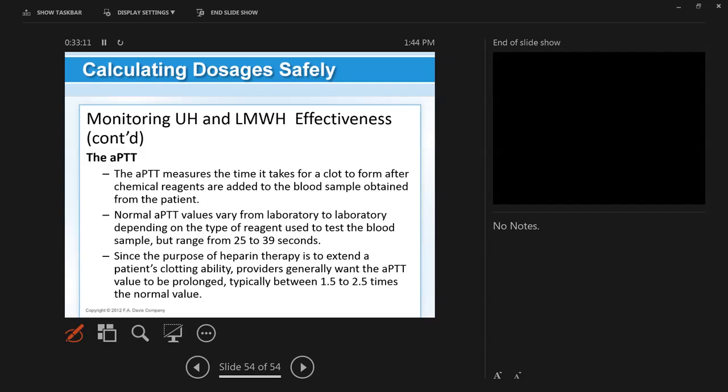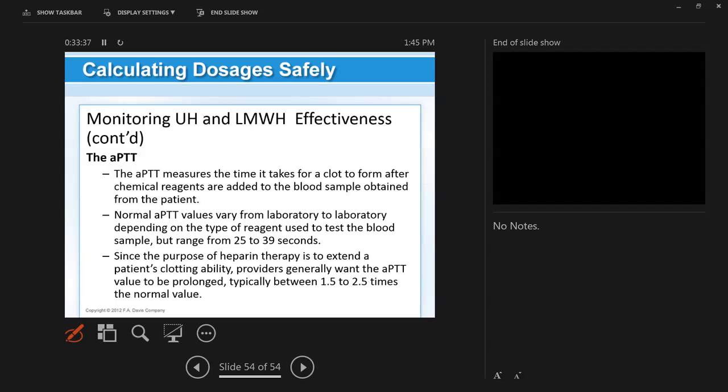And so a lot of times you're going to have a little bit of a differentiation in your facility, and we know labs vary depending on textbook or facility, but your normal range is usually 25 to 39, and that's represented by seconds. And so when we look at that PTT, we want to look at that number, and that tells us then how thin or how thick the blood is.